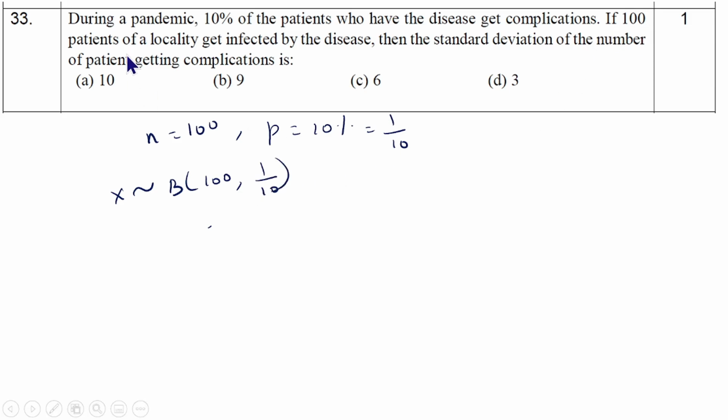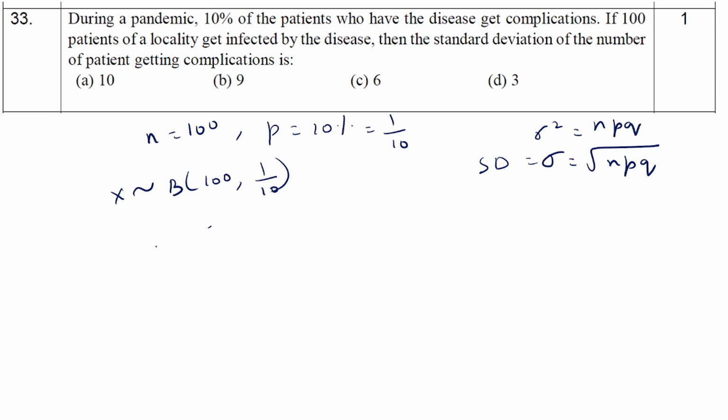So if 100 patients of a locality get infected by the disease, we need to find the standard deviation of the number of patients getting complications. So if the random variable x follows binomial distribution, then we know that the standard deviation sigma is given by root of npq. The variance is given by npq and the standard deviation is given by root of npq.